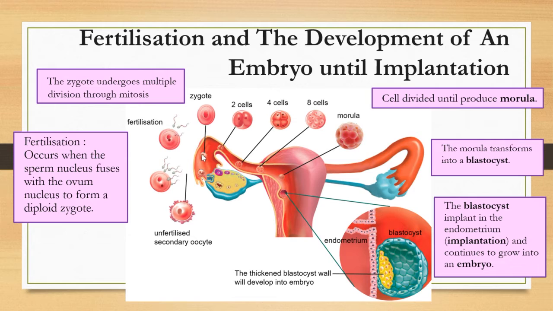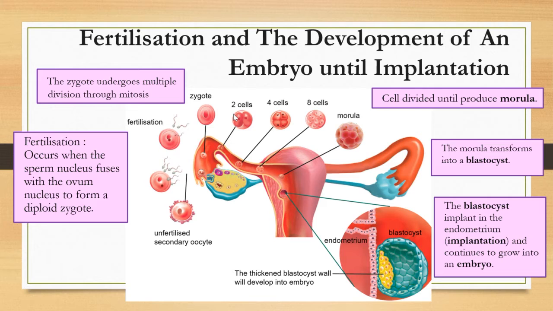The zygote will undergo multiple divisions through mitosis. In other words, the zygote undergoes mitosis to form a two-cell embryo. The first division by mitosis forms the two-cell embryo.